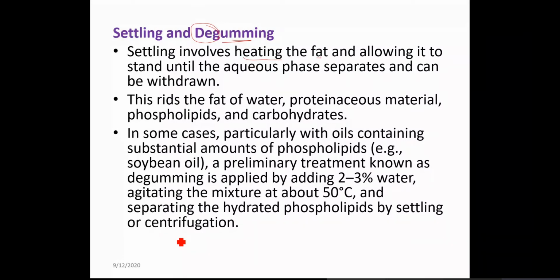You cannot watch any operation very closely, because everything happens in a closed environment, all the containers and everything. So basically here the oil is heated and allowed to stand until the aqueous phase separates.